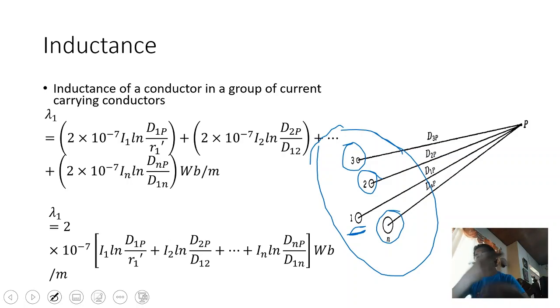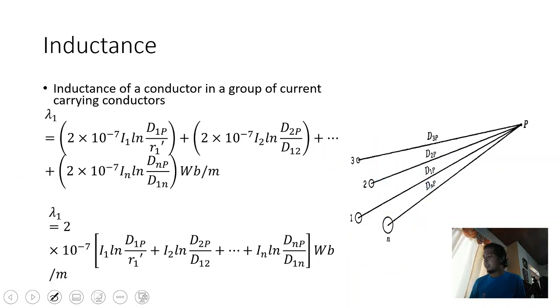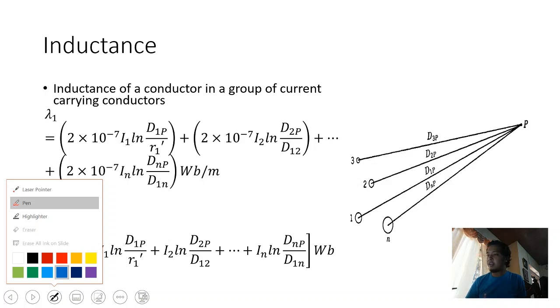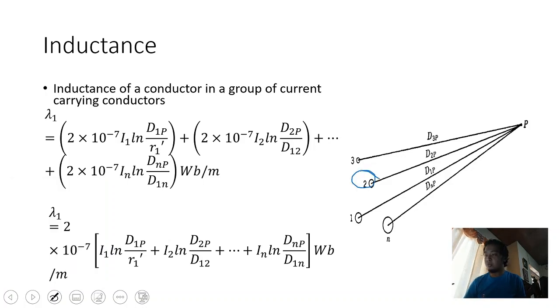Of course, if conductors 2, 3 up to N have an effect on conductor 1, therefore it also means that there is an effect on conductor 2 from conductors 3, 1, and N, and so on and so forth. Okay?